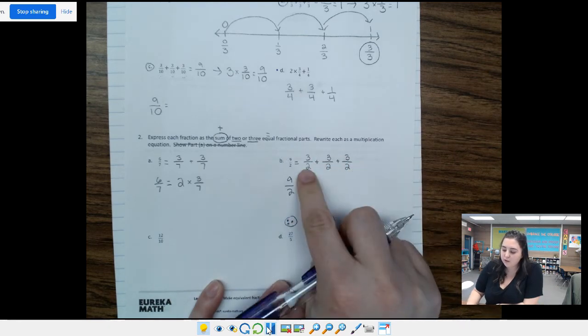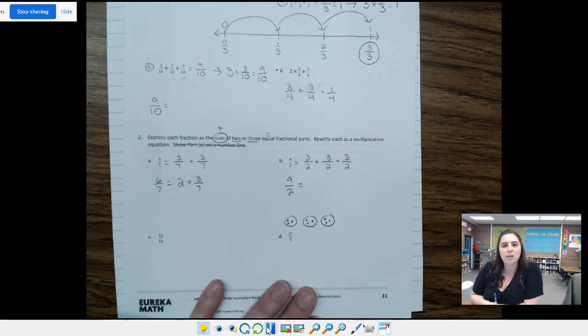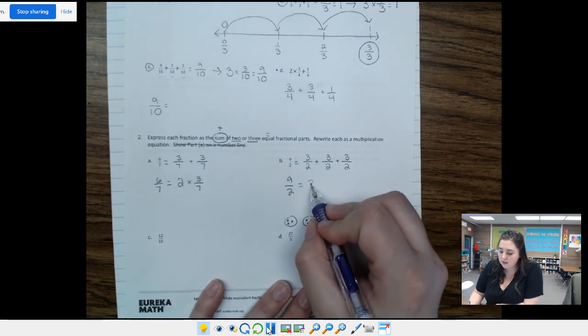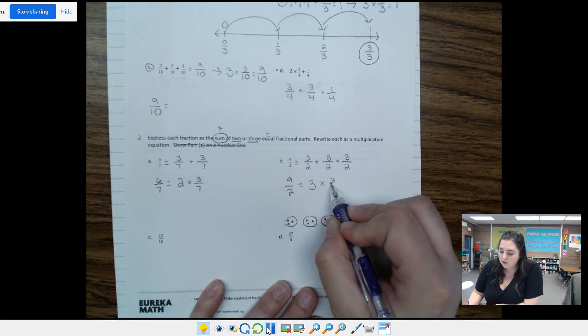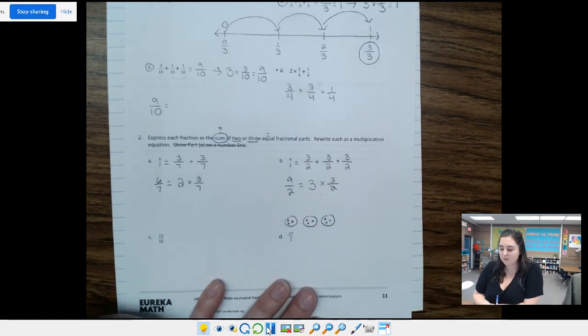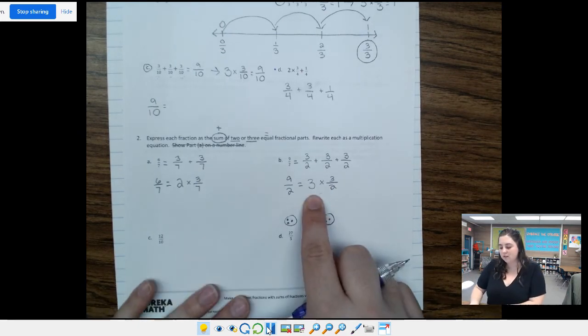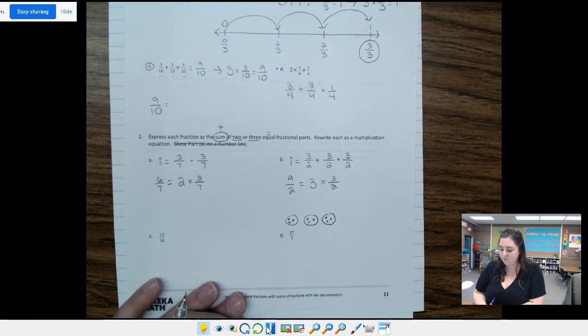How would you rewrite this as a multiplication problem? What's being repeated and how many times? Well, I see 1, 2, 3 halves. 3 times 3 halves, or you could flip-flop it. 3 halves times 3, same thing.